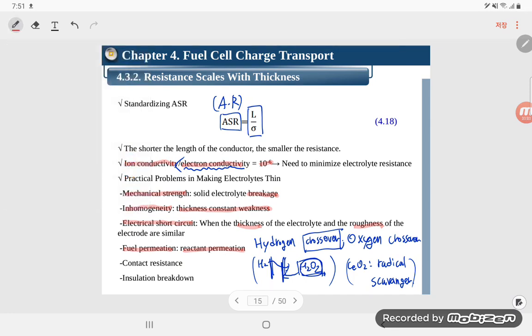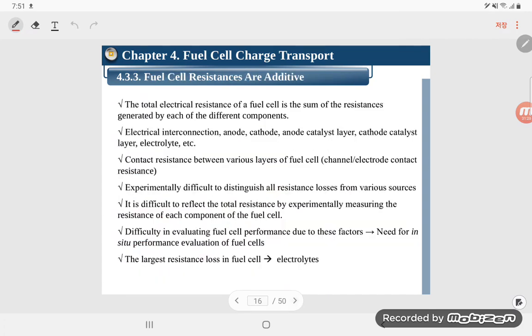Contact resistance should also be considered, and insulation breakdown, because there is a voltage difference across the gap, the insulation, because the electrolyte is an insulation layer, right? And if the insulation gets thinner, then the insulation breakdown can occur.